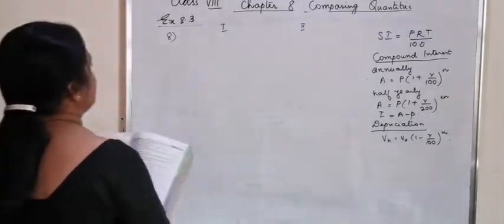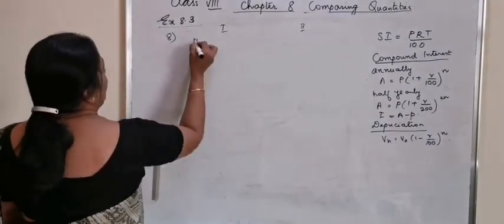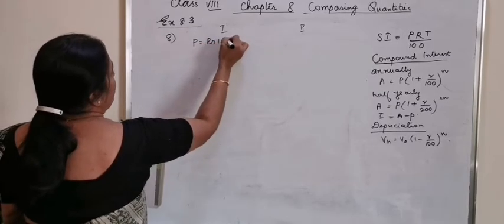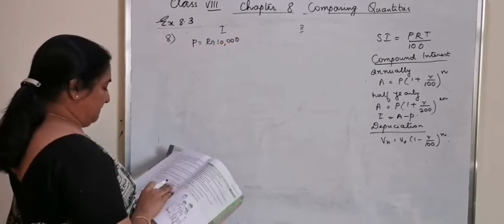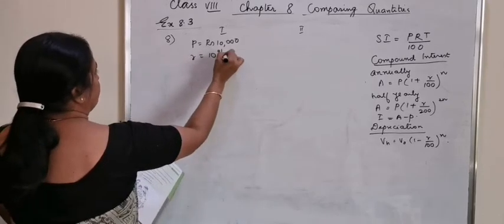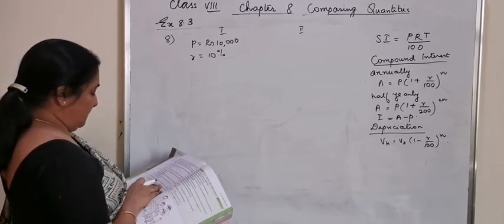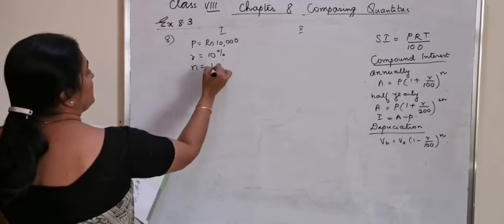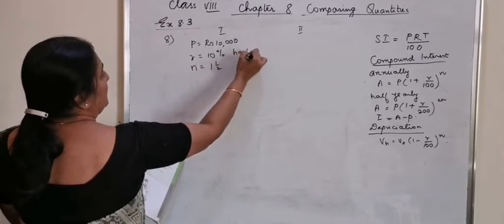In the first case, principal is equal to rupees 10,000 at the rate of 10% for 1.5 years, compounded half yearly.